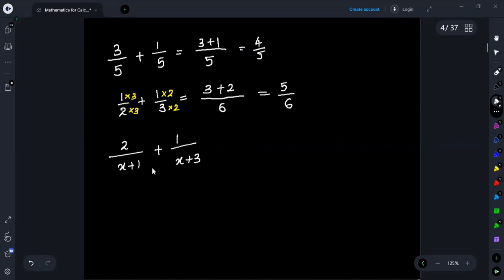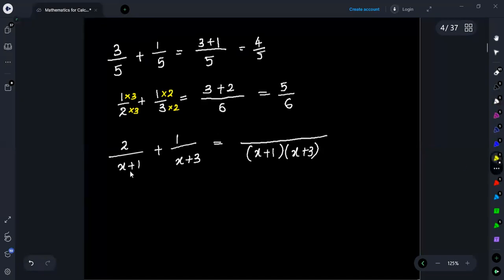We have to add those two fractions, and here also we follow the same procedure. First we check the denominators. They are not the same, so we have to consider the common denominator. As I mentioned earlier, to obtain the common denominator, we multiply the denominators.